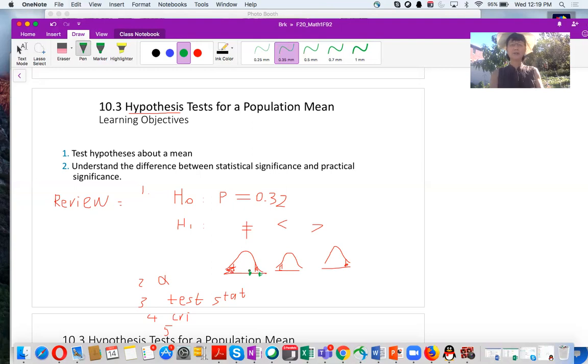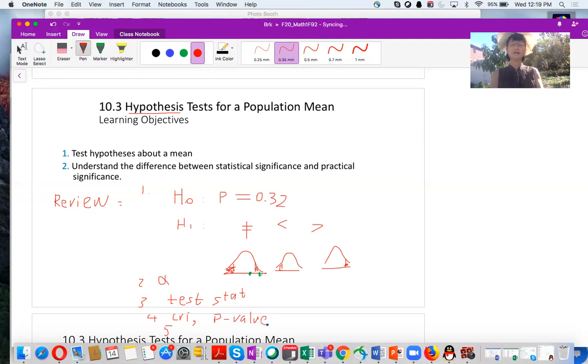Next, popular method is to use the p-value method. For p-value method, the first 3 steps remain the same. The step 4 is different. Instead of calculating critical value, you calculate p-value. And what is p-value?